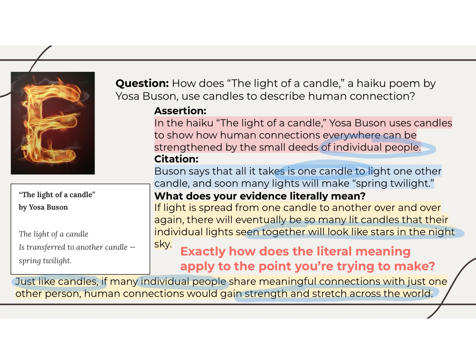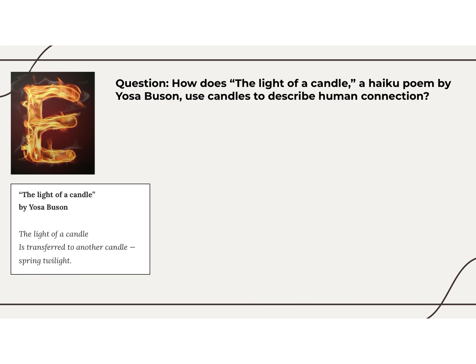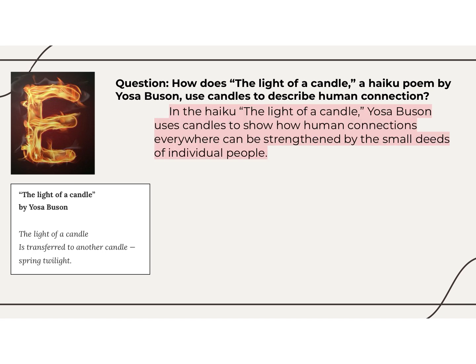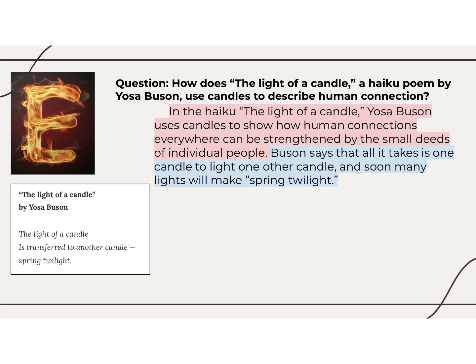We've done enough work with this now that it might help to look at it more like a paragraph. So there's our question, and let's read our paragraph that we've written so far. In the haiku, The Light of a Candle, Yosobuson uses candles to show how human connections everywhere can be strengthened by the small deeds of individual people. Buson says that all it takes is one candle to light one other candle, and soon many lights will make spring twilight.